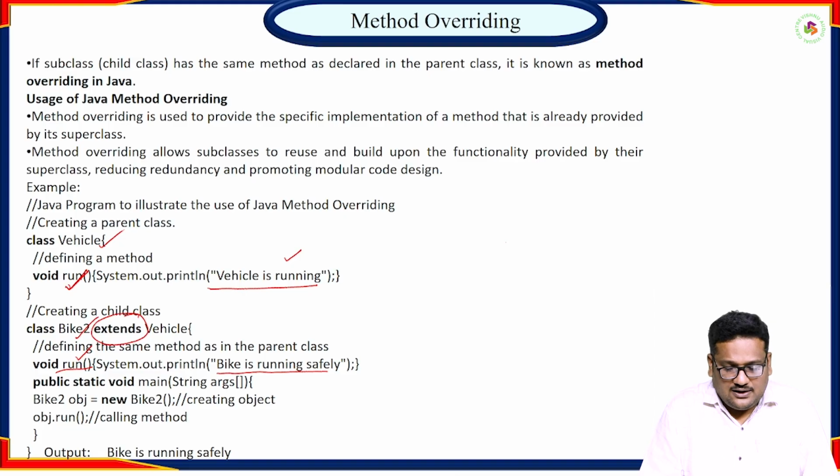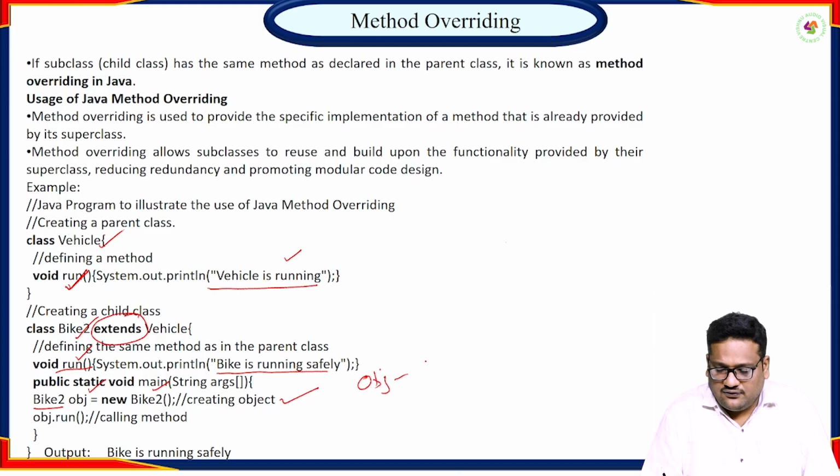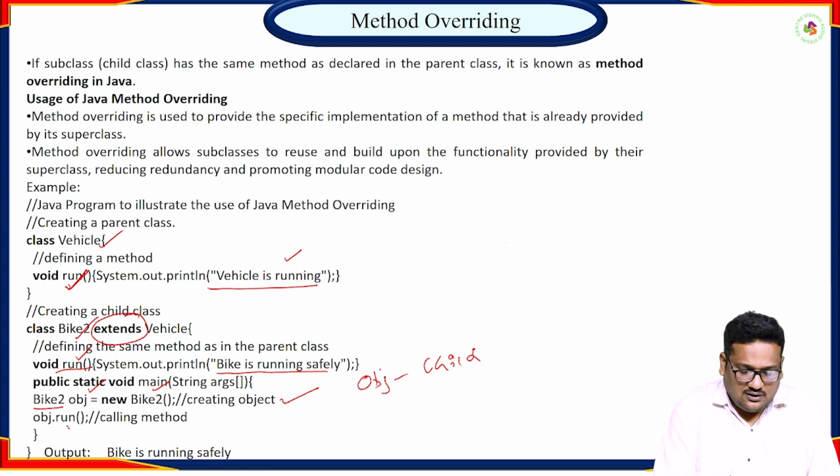Inside the main method, I have created an object for the child. This statement shows the creation of an object for the child class. Here the child class name is Bike2, the object name is obj, new Bike2. So obj is an object of the child. With the help of the child object, I am invoking the method called run.